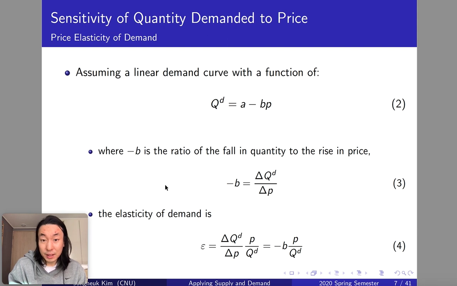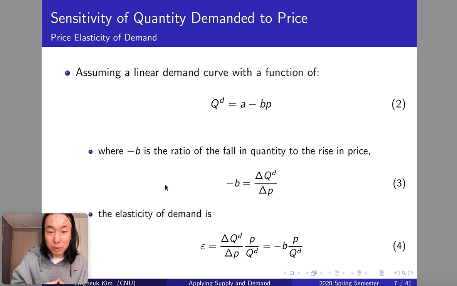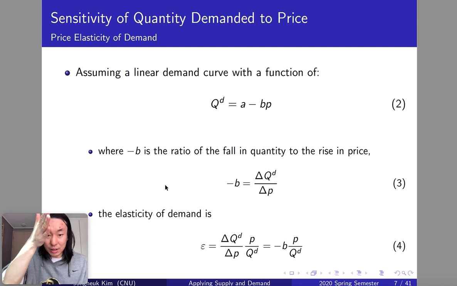And this B is the slope, which means that it is the change of quantity demanded over the change of the price level, right? Understand that? Because it is the slope. And if you think about the meaning of the slope of the linear curve, that slope means that if something changes, the other thing changes like this.